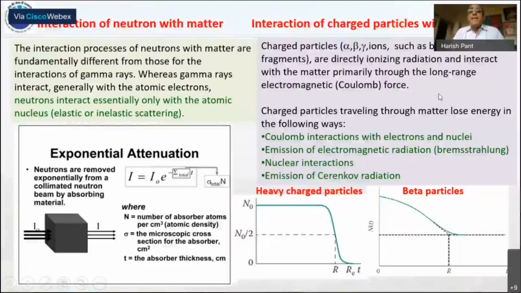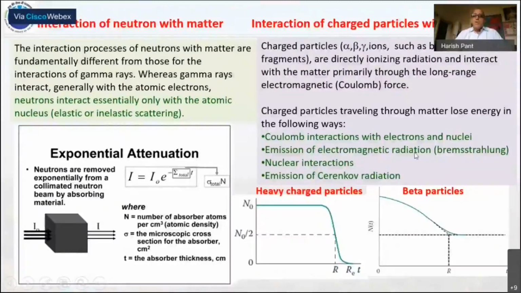Now let us briefly discuss the interaction of charged particles, how charged particles interact with matter and how they lose their energy. Charged particles like alpha, beta, or ions or fission products are all directly ionizing radiation, and they interact with matter primarily through the long-range electromagnetic force, also called the Coulomb force.